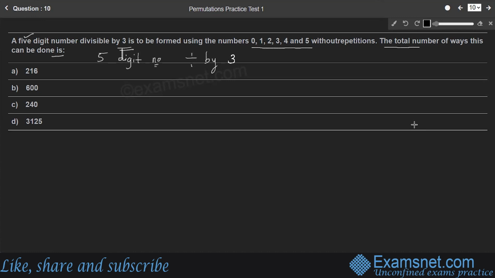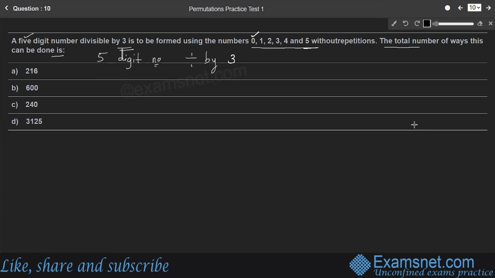Here 6 values are given, including 0. So we have to choose only 5 values to make a 5-digit number. For that, let us consider the sum of these 6 values so that we can decide which value should be neglected.